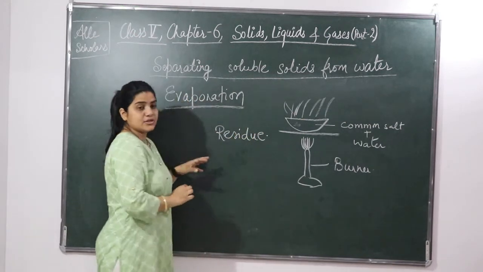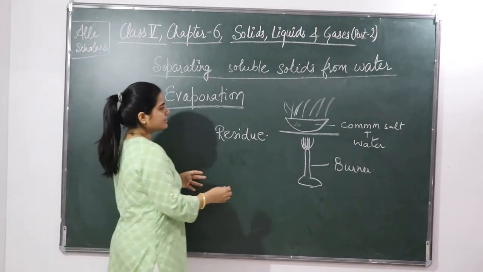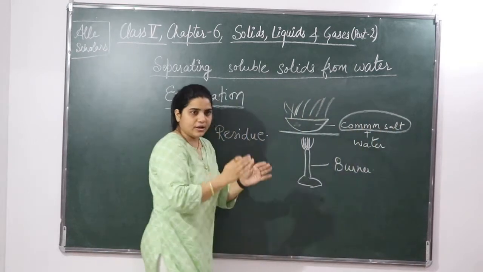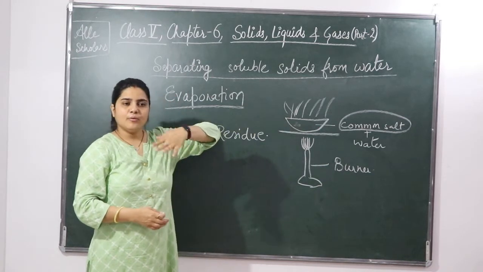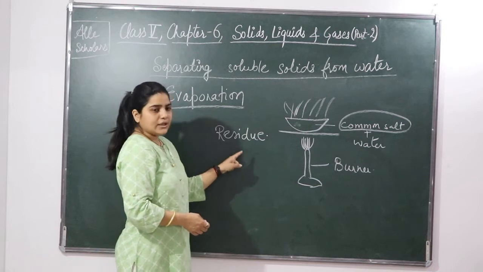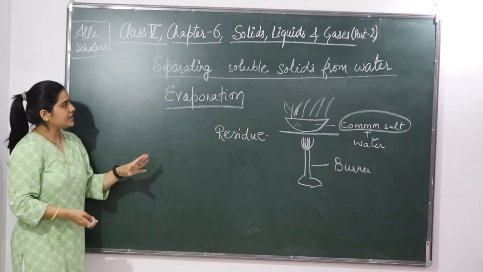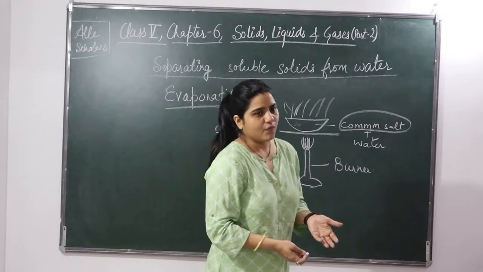And you will be amazed to know what that residue is. Can you guess? That is the common salt. So the soluble solid will just remain in the dish because the water has completely evaporated. So that residue is the soluble solid. So evaporation is a method in which we separate soluble solids from water.